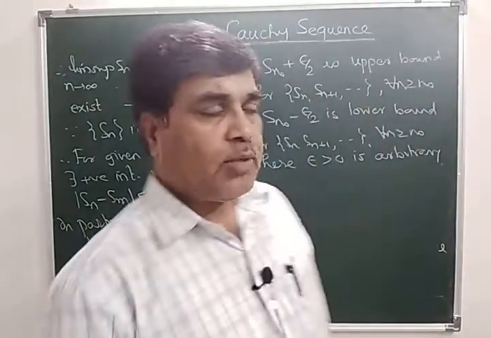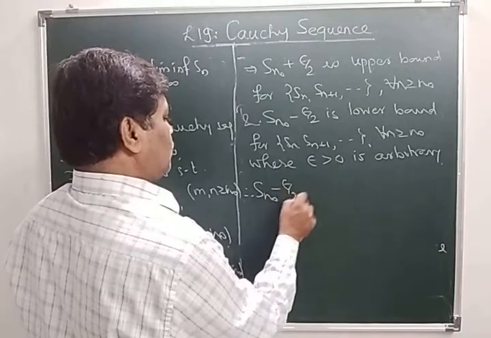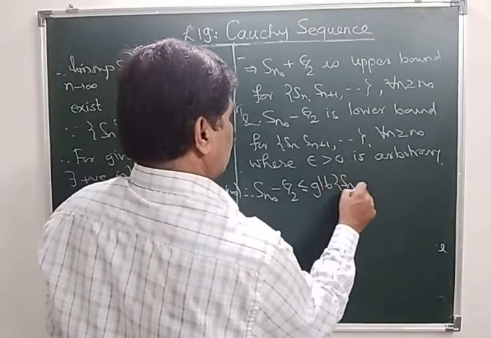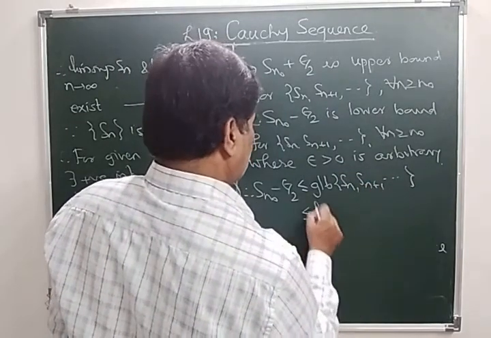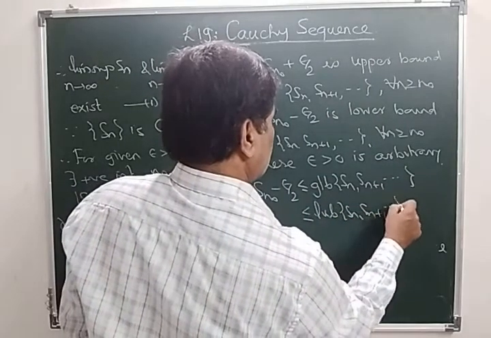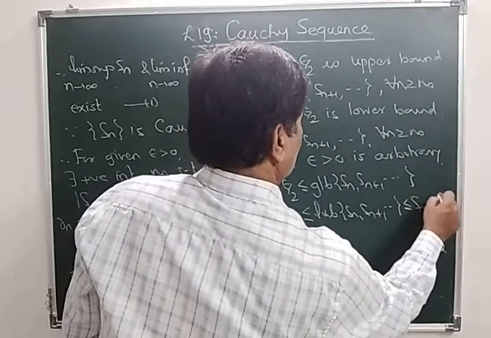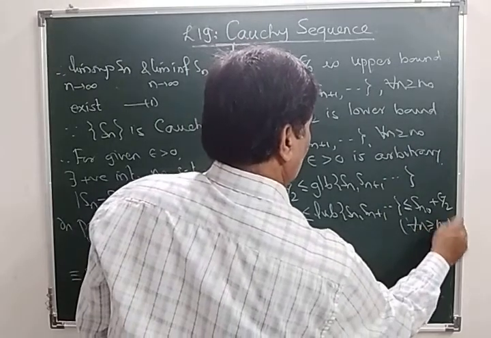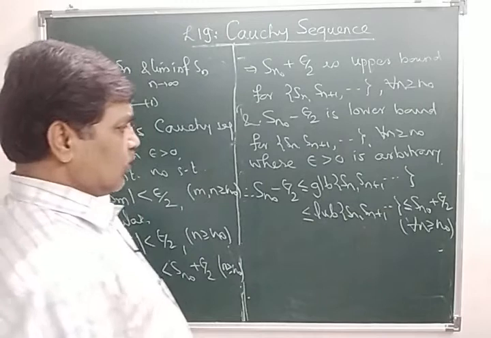Therefore, Sn naught minus epsilon by 2 is less equal greatest lower bound of Sn, Sn plus 1 and so on, which is less equal least upper bound of the set Sn, Sn plus 1 and so on, which is less equal Sn naught plus epsilon by 2, for any n greater equal n naught. Okay.